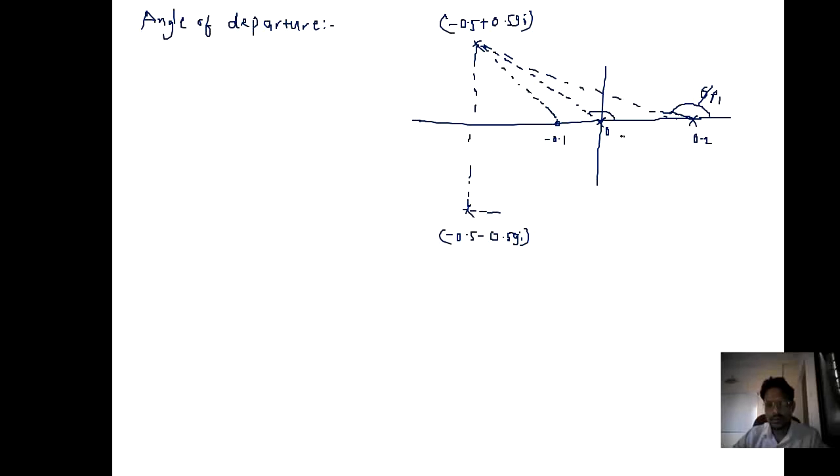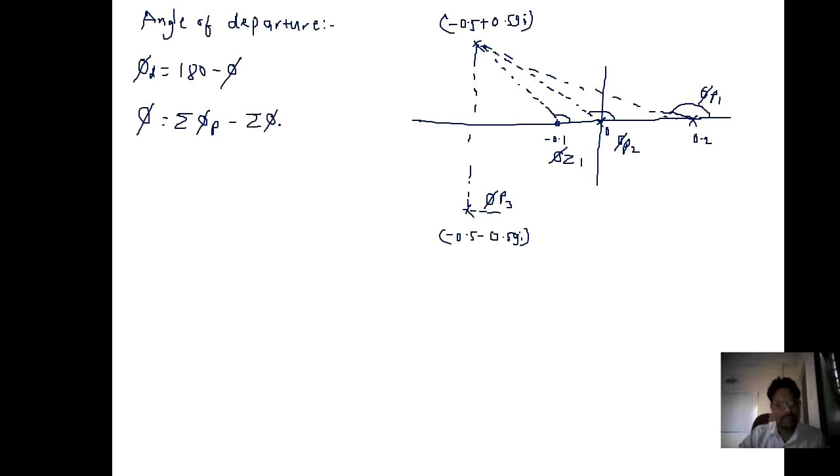This is the second pole, phi P2. This is a zero, so this is phi Z1, and this is a pole, phi P3. Now the angle of departure is given by phi d equal to 180 minus phi, where phi is the summation of angles made by poles, summation phi p, minus the summation of angles made by zeros, summation phi z.